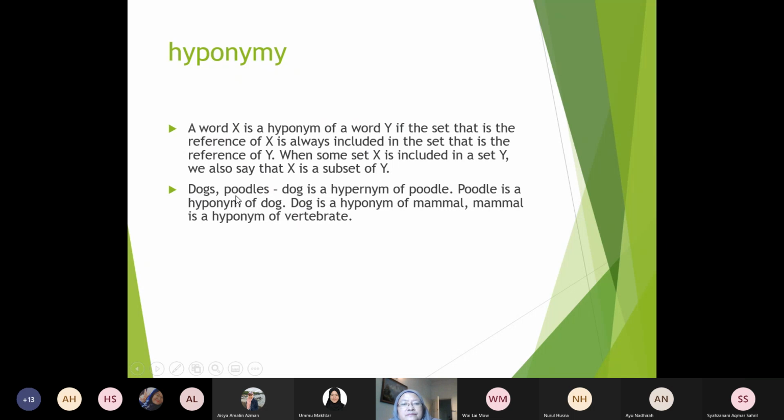So dogs and poodles. Poodle is a hyponym of dog. Okay, so dog is a hyponym of mammal. Mammal is a hyponym of vertebrate. So imagine if you were to draw a hierarchy, the top of the hierarchy is a vertebrate.